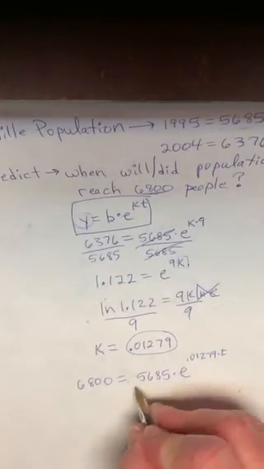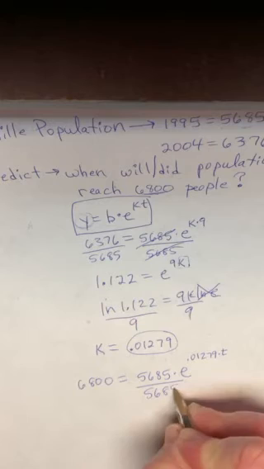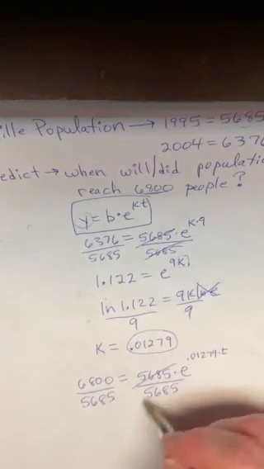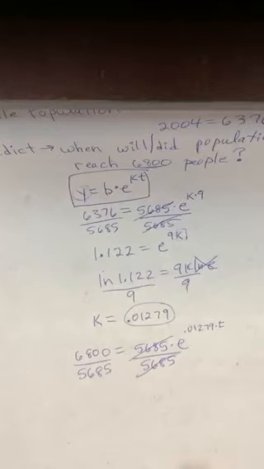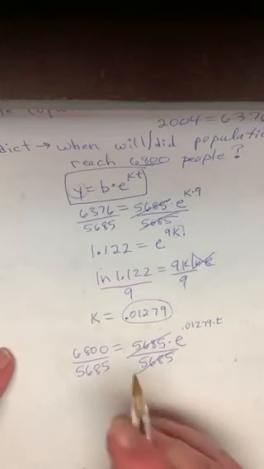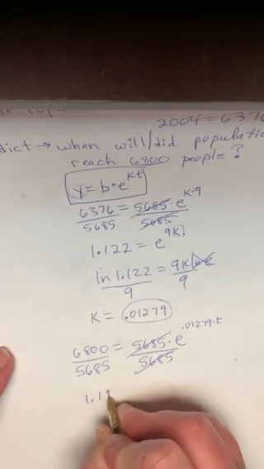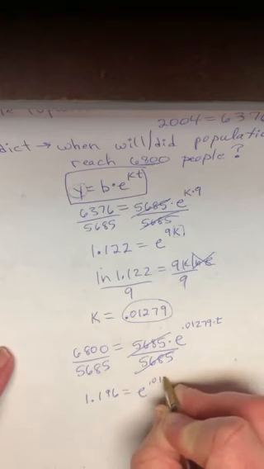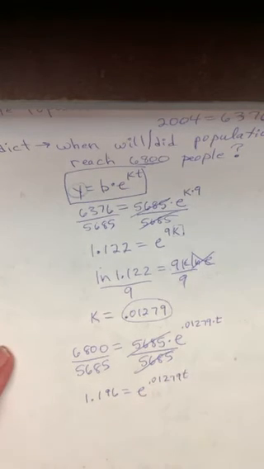So now when I divide by 5685, doing that on my calculator, I've got 6,800 divided by 5685. I get 1.196 equals e to the 0.01279t.